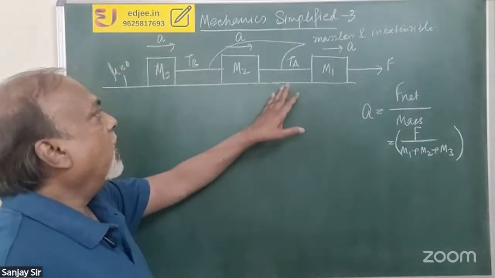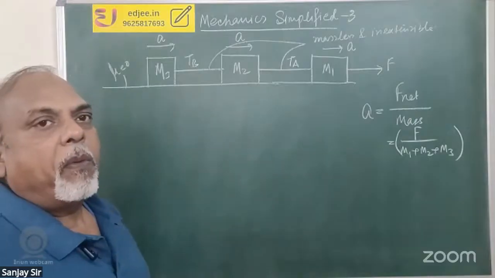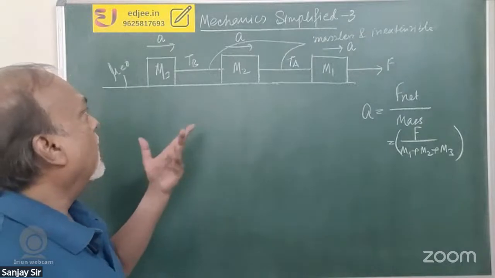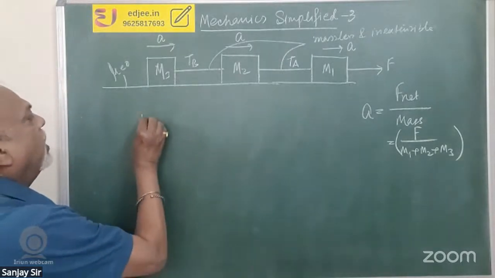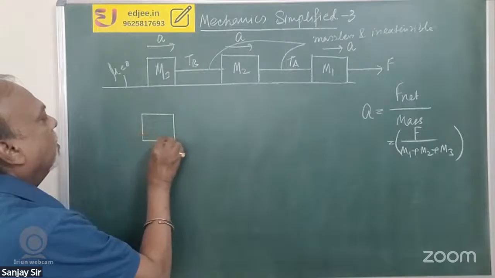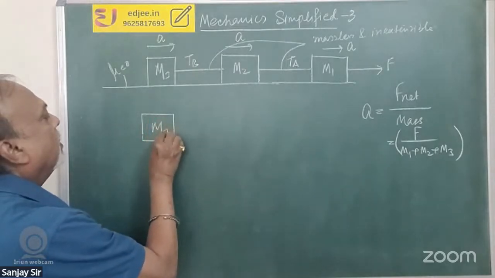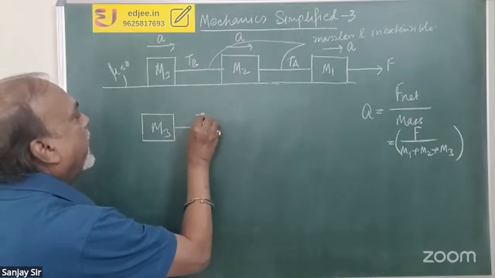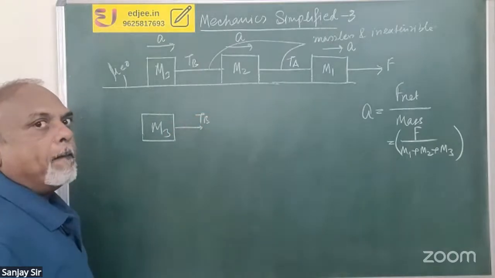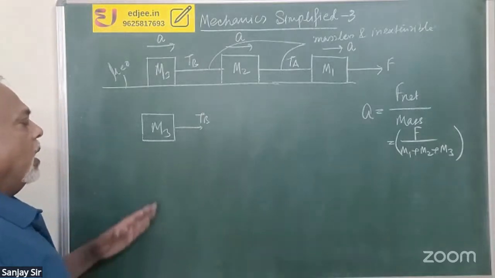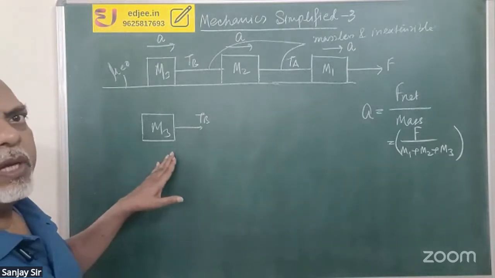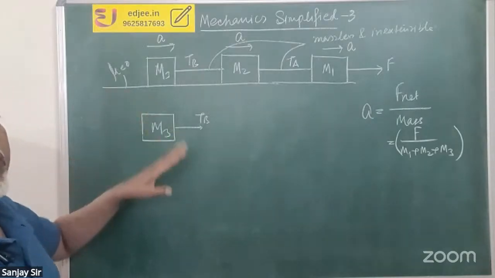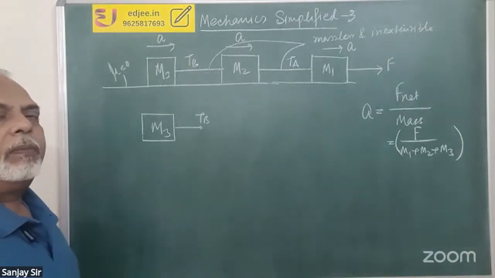Our job is to find out TA and TB. Let us make the free body diagram of M3. Here TB is there. No other horizontal force is there. I am marking only horizontal forces because surface is smooth. Vertically, it is not going to have any effect.